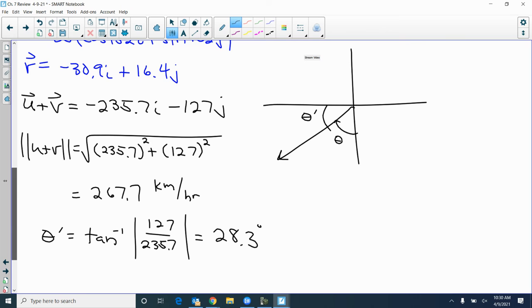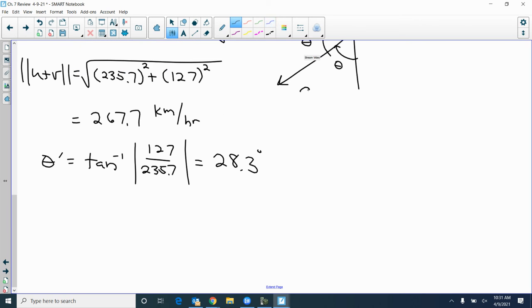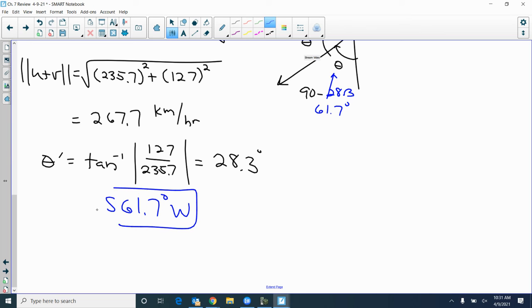If you take 90 minus that, that's where we get the 61.7 degrees. That will be that angle there. So it is south 61.7 degrees west. All right, so you get 267.7, south 61.7 degrees west. You definitely will see something like that. We've done that several times.